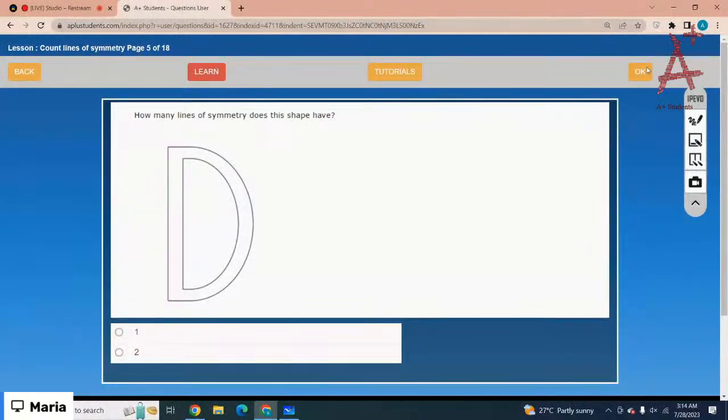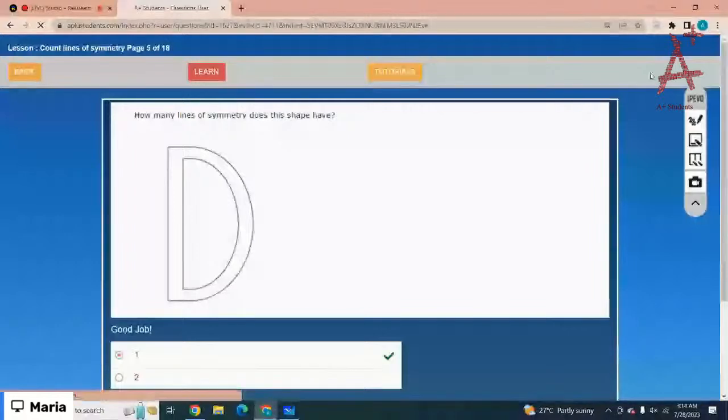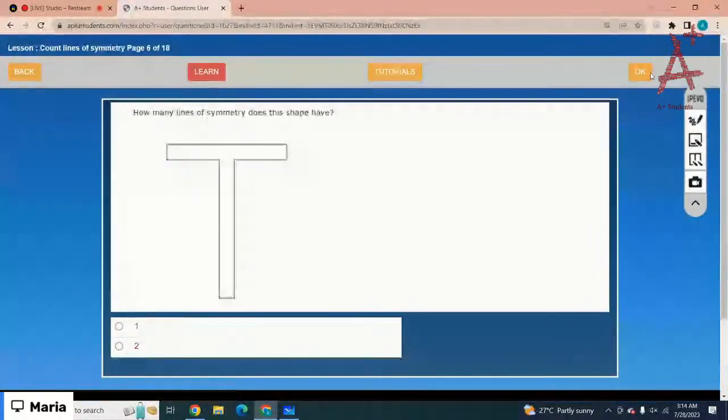How many lines of symmetry does the shape have? Yes, only one line of symmetry. The correct option is 1. How many lines of symmetry does this shape have? 1 or 2?